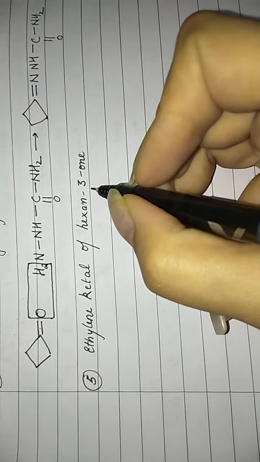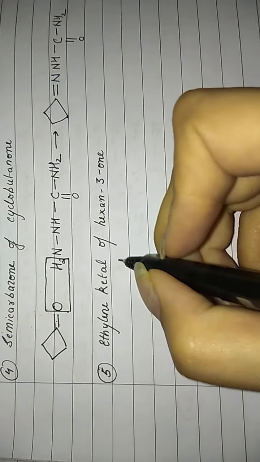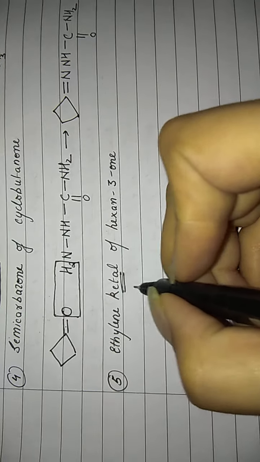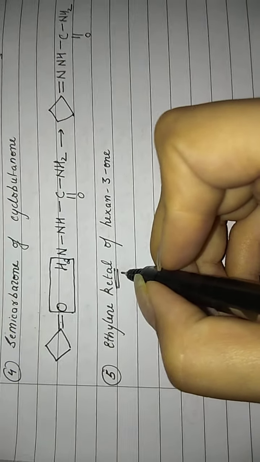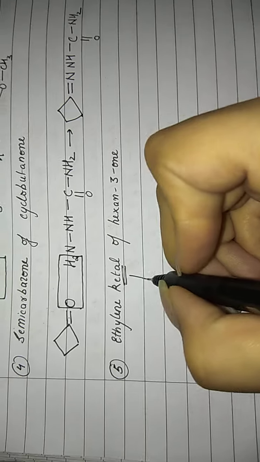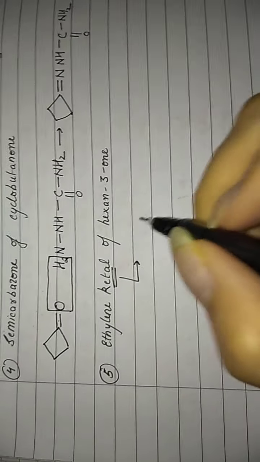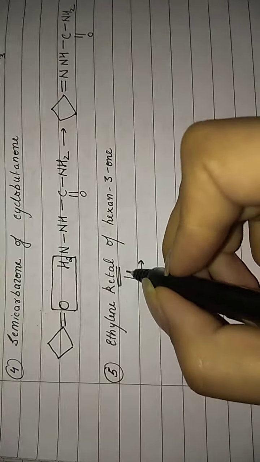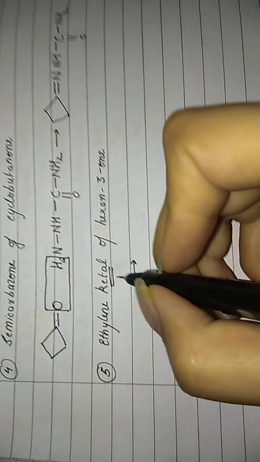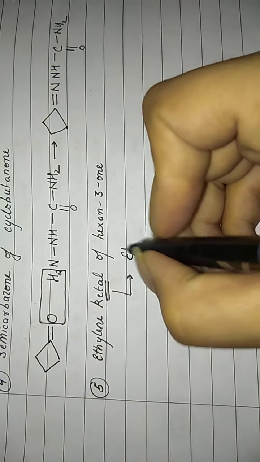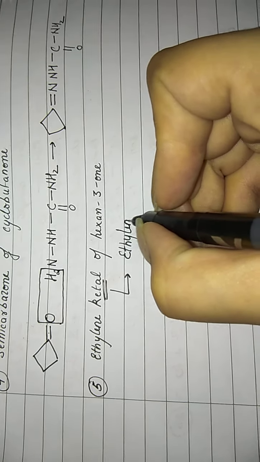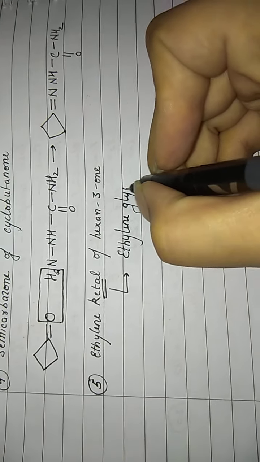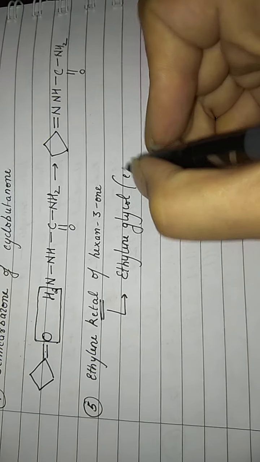Ethylene ketal of hexane 3-one. Now first of all, whenever you see ketal written somewhere, usually you will be asked to form ethylene ketals only. Fine. So the reagent that you have to use for forming the ethylene ketal is ethylene glycol, which is nothing but a common name for ethane 1,2 diol.